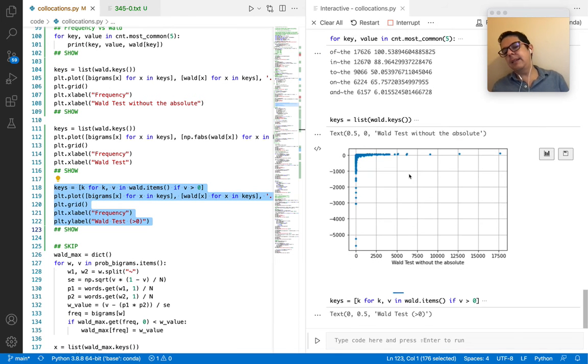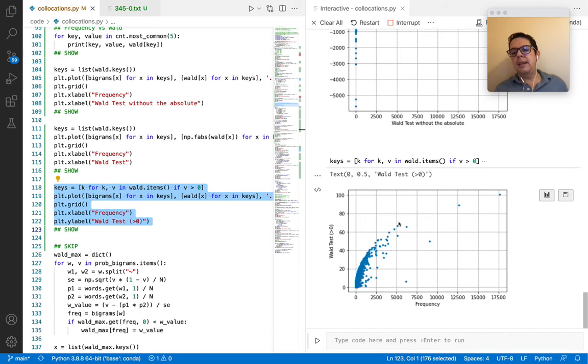And what we can see on the scatter plot is that as the frequency increases, the Wald statistic also increases, as you can see here. It is not perfect. There are some examples where that doesn't happen, for example in this one or in this one, but generally, if we increase the frequency, then we are increasing the Wald statistic.